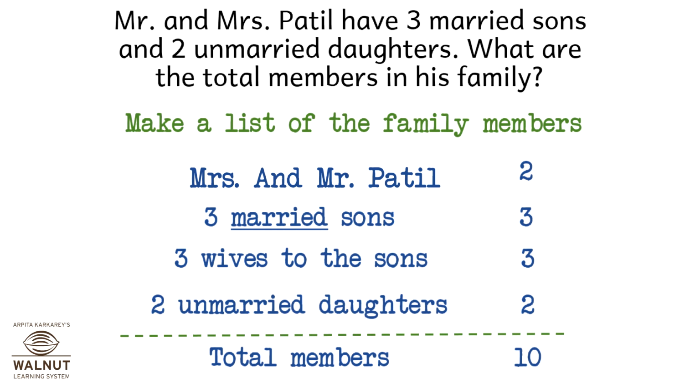Right? So we add 3 plus 3. Then we have 2 unmarried daughters. So add that to get 2 plus 3 married sons, 3 wives of the 3 married sons, and 2 unmarried daughters. And the total comes to 10.